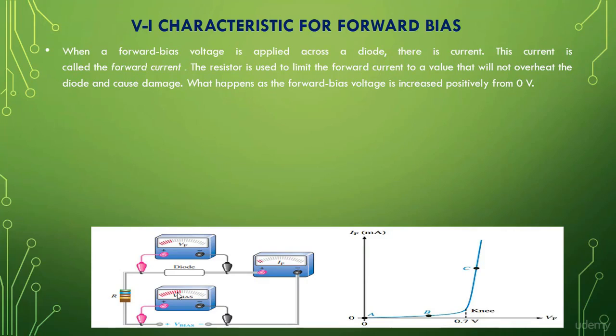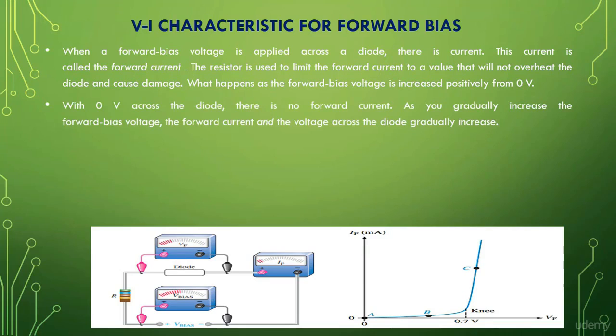How will the diode behave at 0 voltage? With 0 volt across the diode, there is no forward current, and you can see this is a graph of the forward biasing of the diode, and this is the 0 point. At the 0 point there is no forward current.